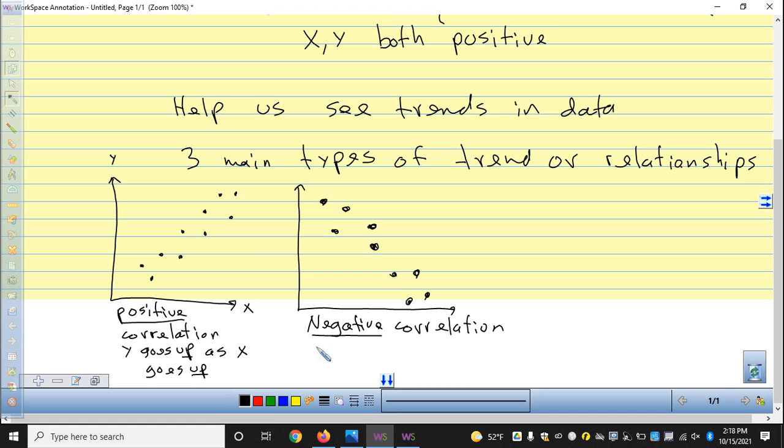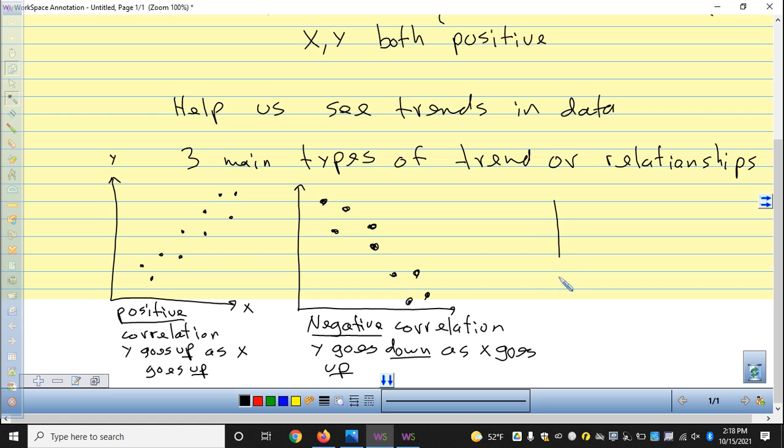And that means that y goes down as x goes up. As x gets bigger, y is getting smaller. We call that a negative correlation when the graph goes downhill.